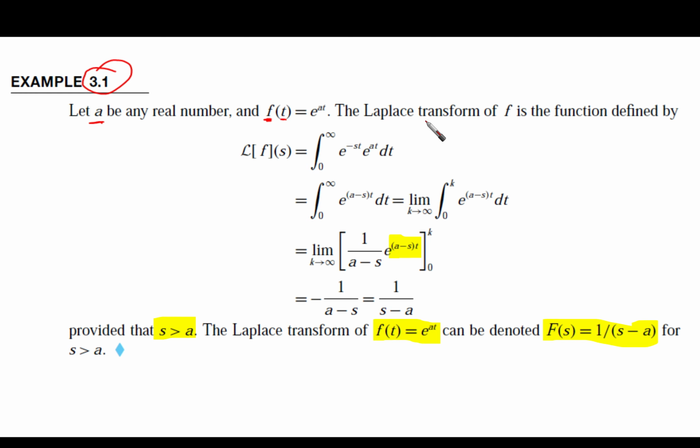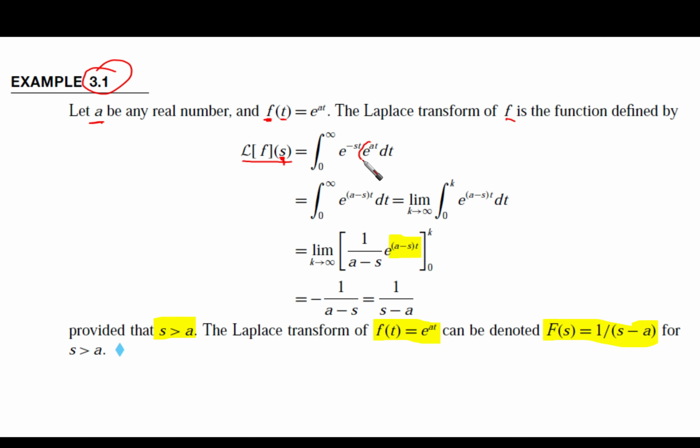The Laplace transform of this input function f is the function defined by, based on our definition, the new variable here, and then it equals the integration that we have defined before, with the limits from 0 to infinity, e to minus s t times e to at.